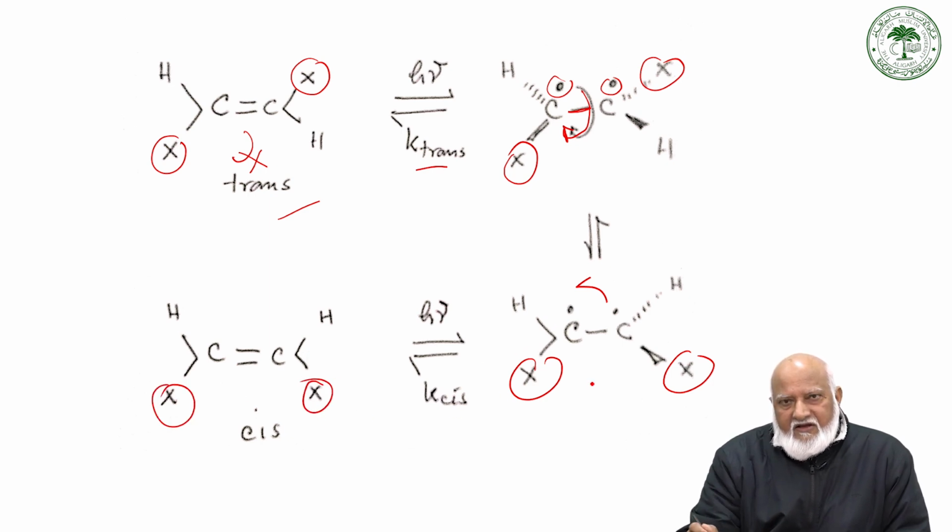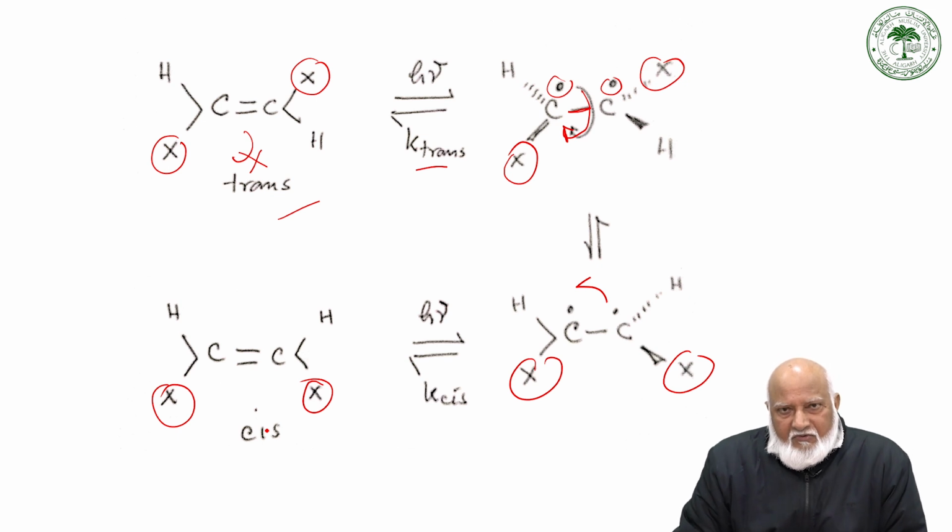This, as I mentioned, is a typical example of what we call a non-adiabatic photochemical reaction, where the potential energy curve of the ground state and the potential energy curve of the excited state are very close to each other, and then the excited state reactant can switch over to the ground state, and there is always an equilibrium, and the reactant can come back to the ground state, or it can proceed to the product.